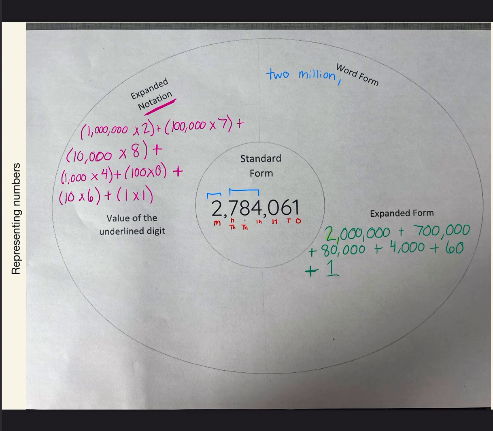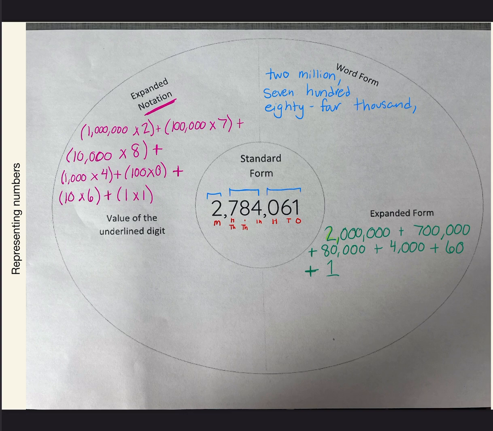Now I move on to my next bracket, my next section, which is my thousands. So I won't be writing 700,000, 80,000, and 4,000, but I'm going to write it clumped together. So I would write it as 784,000, comma. Then I keep going on and I look in my next bracket.